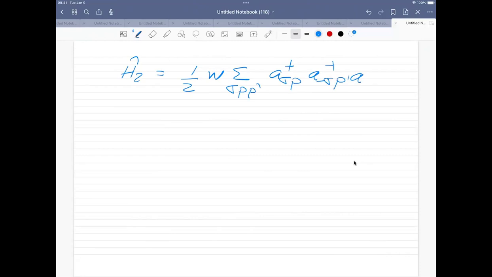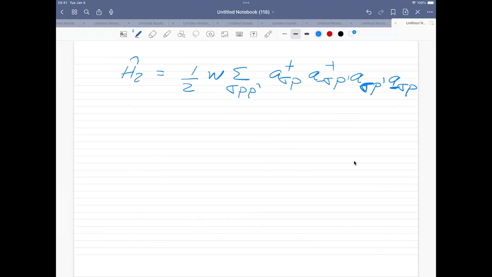And then I have A of sigma of P prime and A of minus sigma of P. This is not a minus, this is just sigma here. And this is minus sigma. Got a little bit unclear.